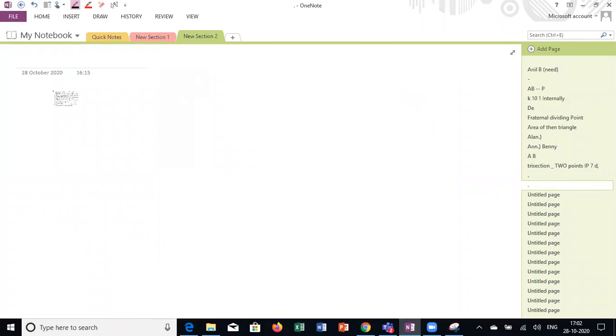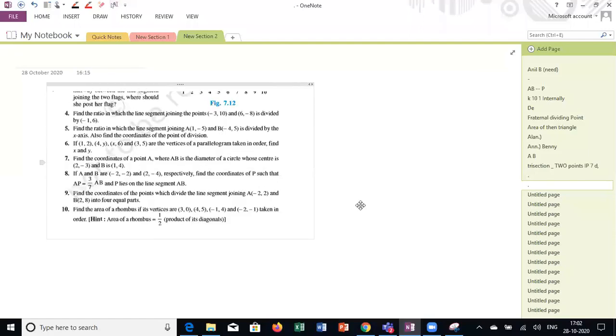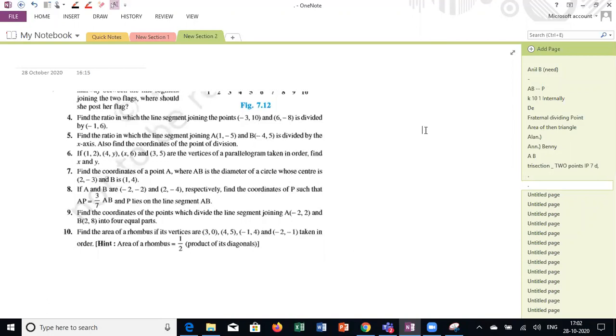How to do it? Whenever they are asking to calculate the ratio value, assume the ratio is k:1. In this case, they give the P value, and they are asking for the m:n value.